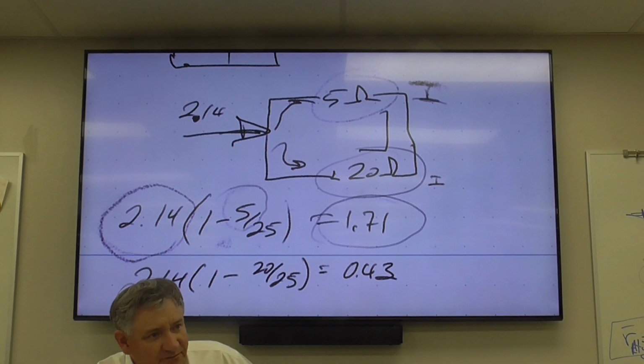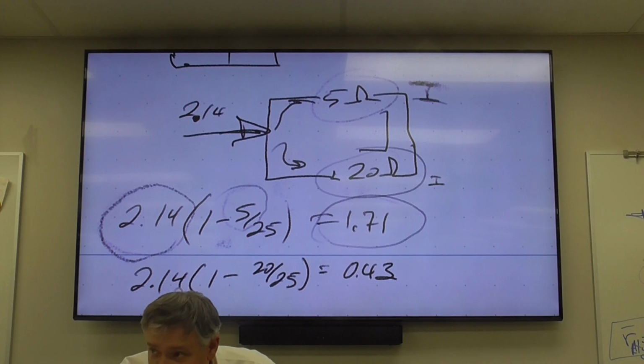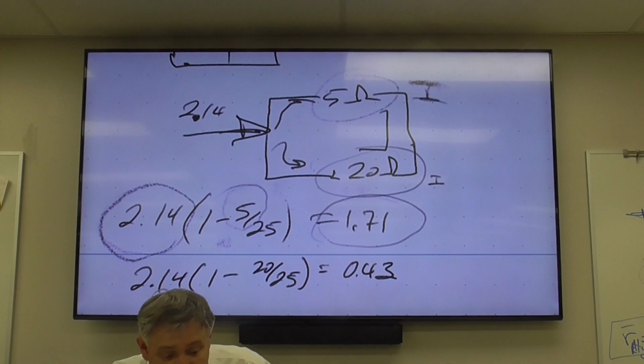Take 5 out of 25, multiply that by 2.14, get a number. Then decide, is that going to be the bigger current or the smaller current? That's an option. You're rolling the dice, because if you screw that up, then you're going to screw up all of those calculations going forward.